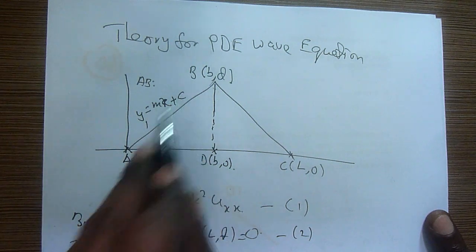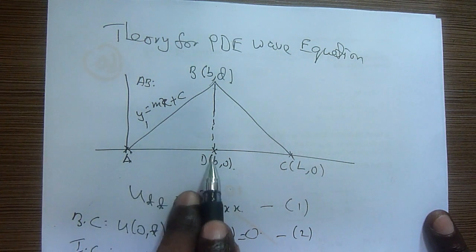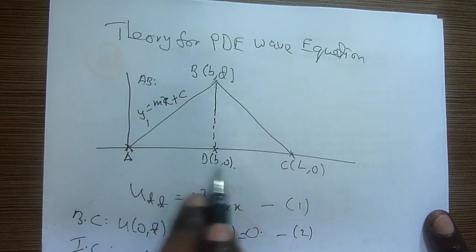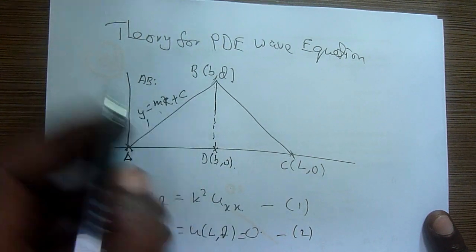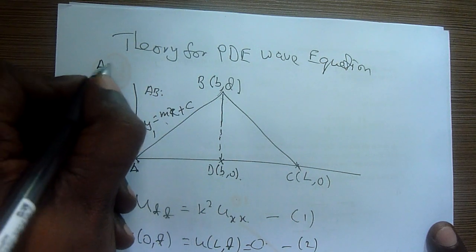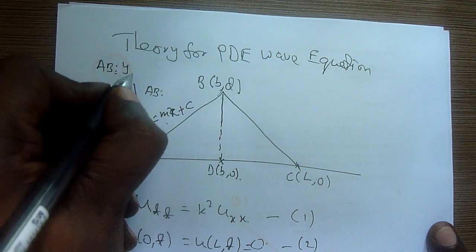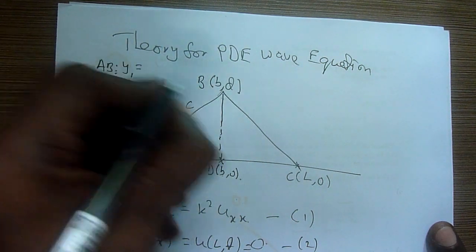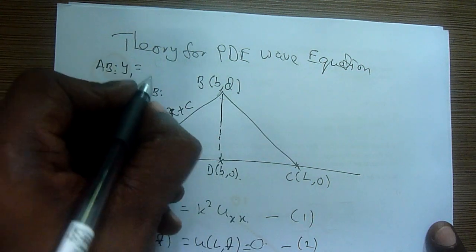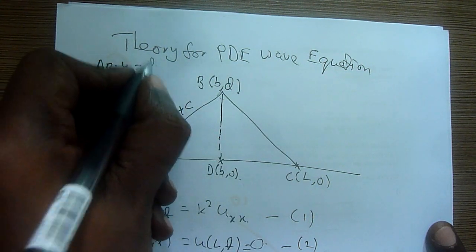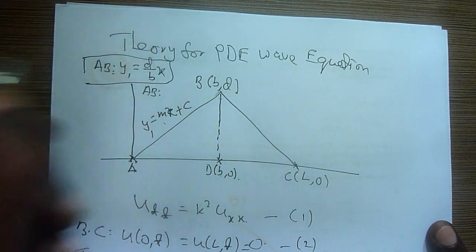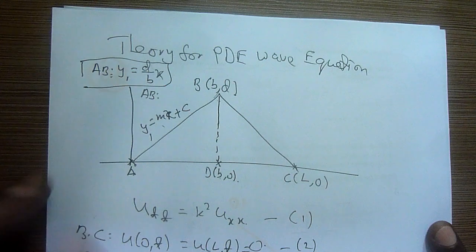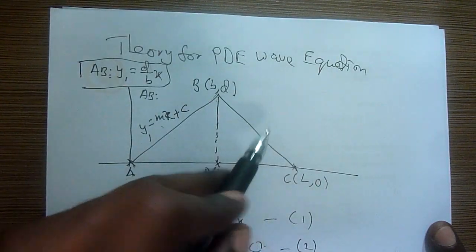You see, mx plus c is 0. Up to here is B, and this one is D. Can I find the M and D? Yes. Therefore, the AB can be equated with the y1, which is B, dBx. The equation is very clear. We found the equation for the AB.